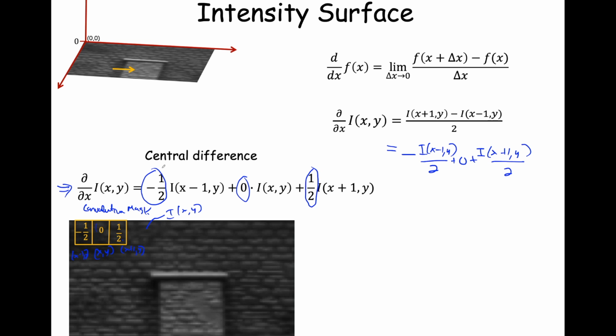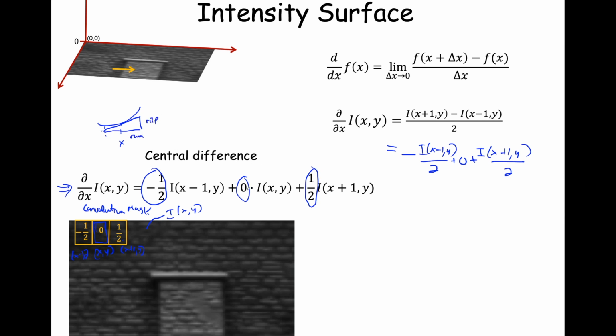Now, this also has another term in the literature. It's called the central difference. It's taking the difference, rise over run, at the particular point in the intensity surface over which that convolution mask is centered. And that's the slope of the intensity surface. If this is my point x, and that's my intensity surface, it's that slope that we talked about before, which is using that tangent line and measuring the rise over the run.